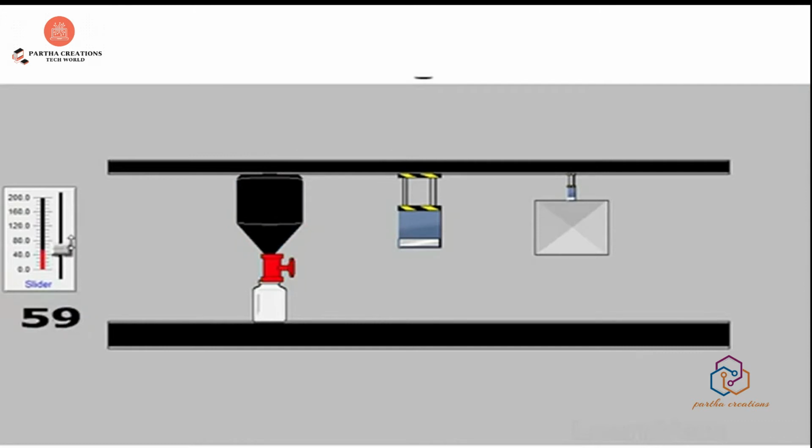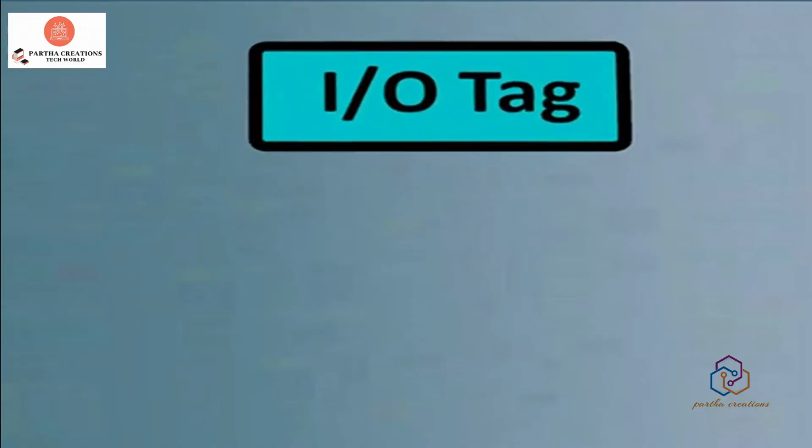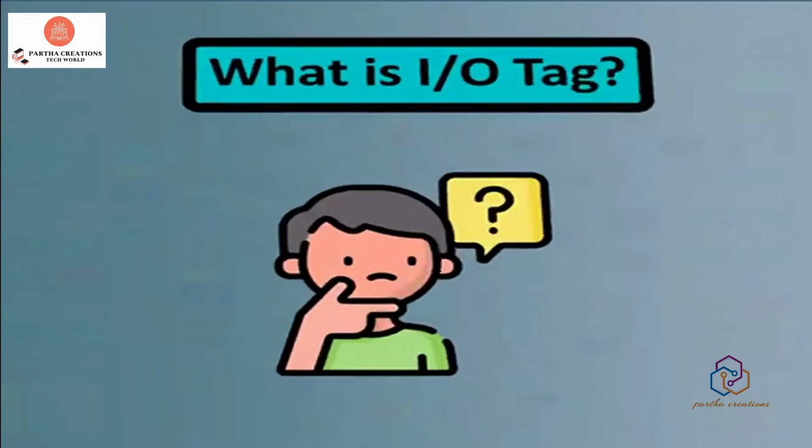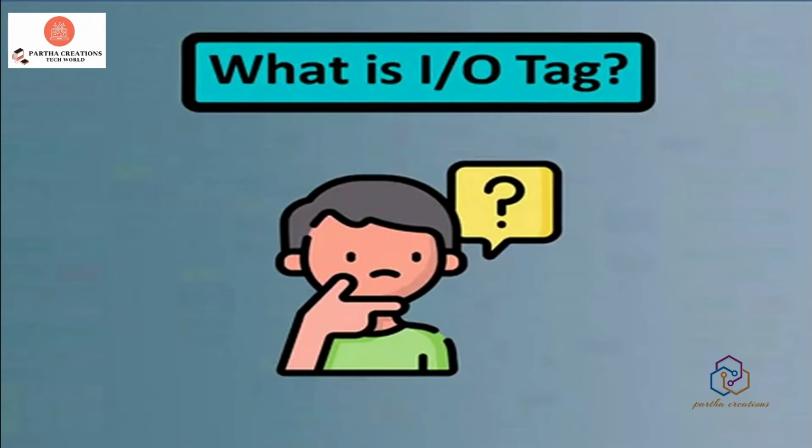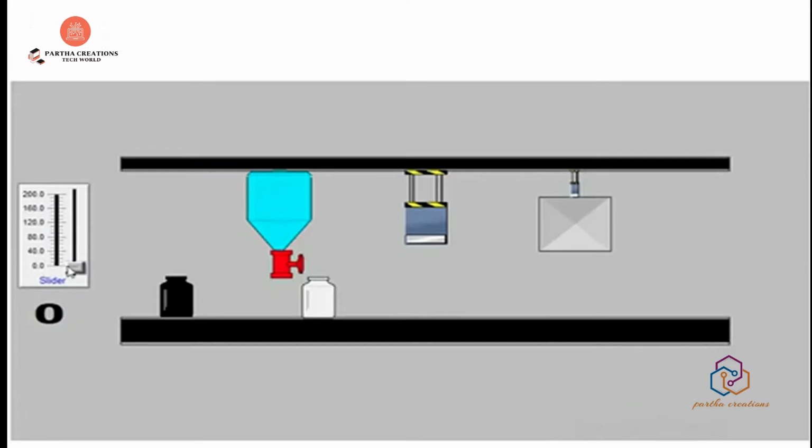So for that, which tag will get used? The memory tag. The second type is IO tag. So what is IO tag? Whatever animations you have created, if you want to connect it with a controller so as to operate it for communication or to control them, in such cases you need to make use of IO tag.